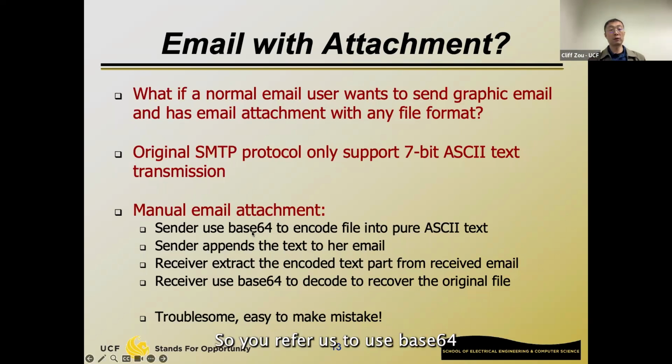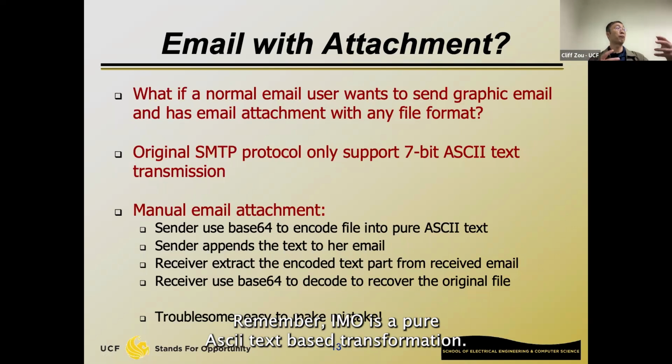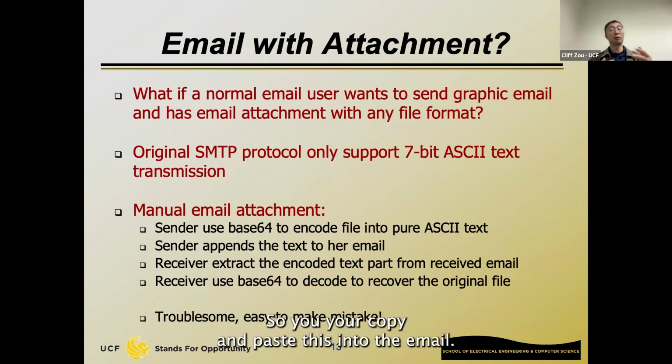So they first use base 64 encoding to make this file become pure ASCII text. Then they append this pure ASCII text to the email. Remember, email is a pure ASCII text-based transmission. So you copy and paste this into the email.